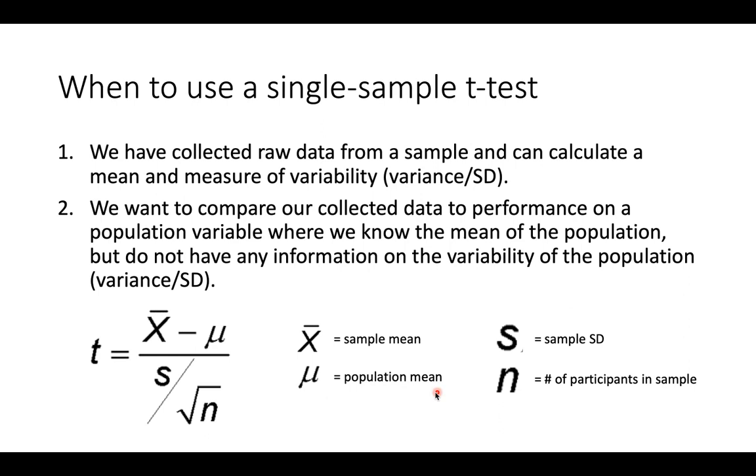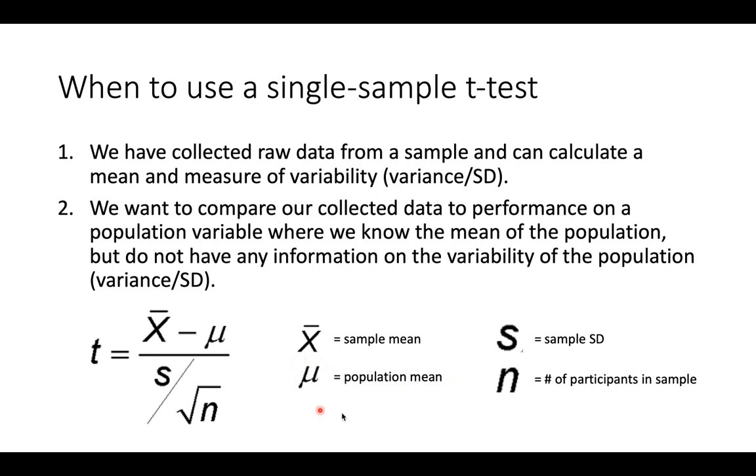Meaning, we could use a single sample t-test when we're studying IQ because we have population level data of IQ. If we were going to study and see if a group of newborns is bigger or smaller than the average newborn, right? We could do that because we know the average length and weight of newborn babies.